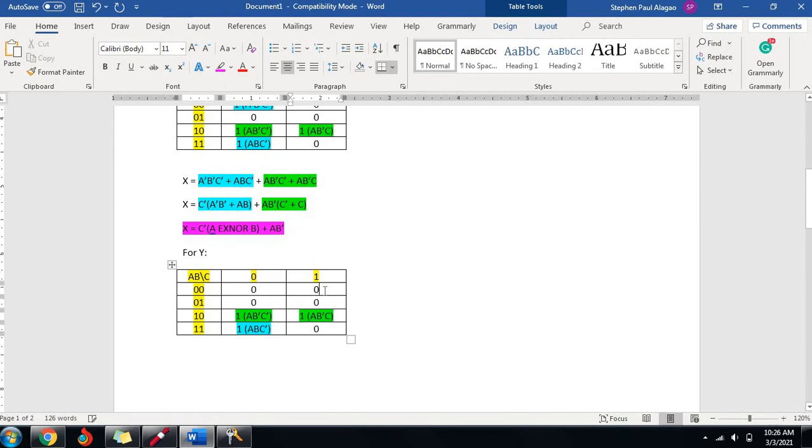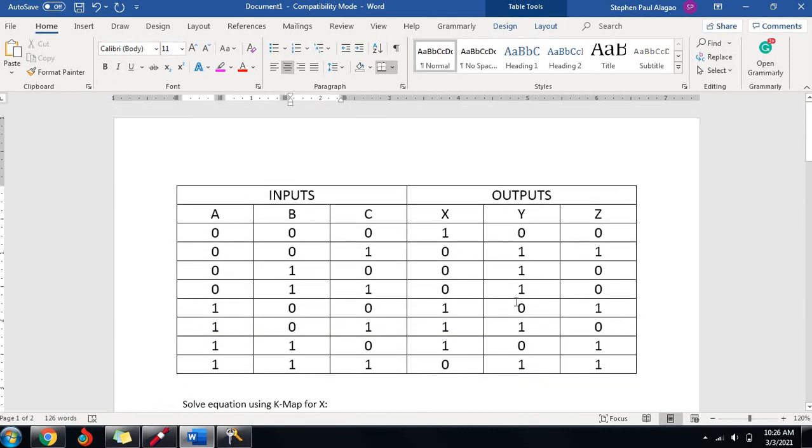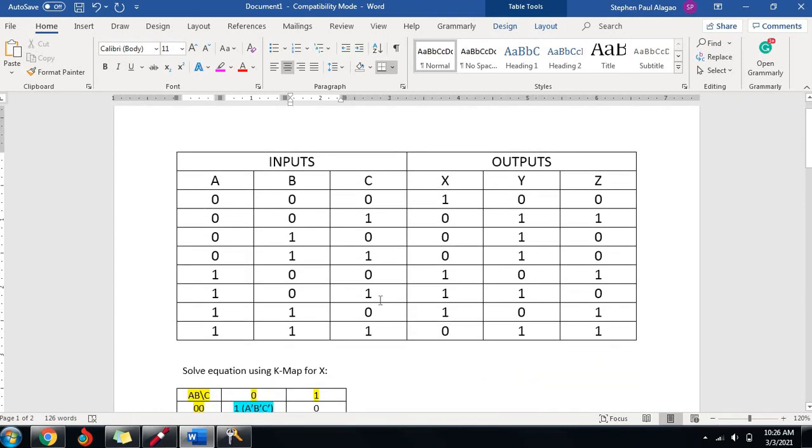This is 1, 2 is this one, and then 3 is this one. That's 1, 2, 3. And next, this one is 1, 2, 3, that is 1, this one.